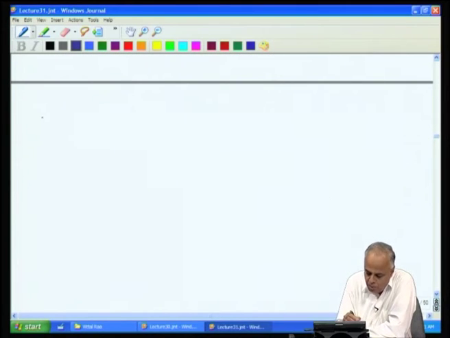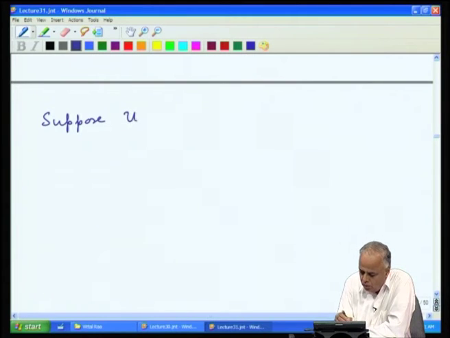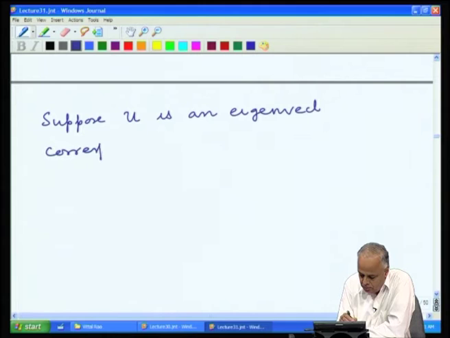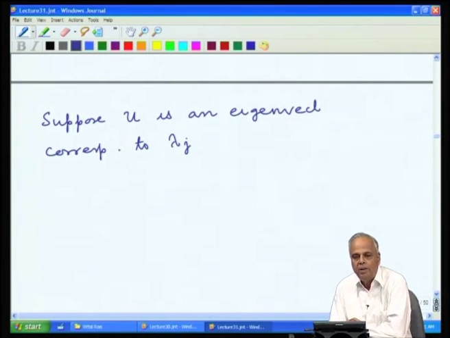Now, suppose u is an eigenvector corresponding to eigenvalue lambda j. What does this mean?